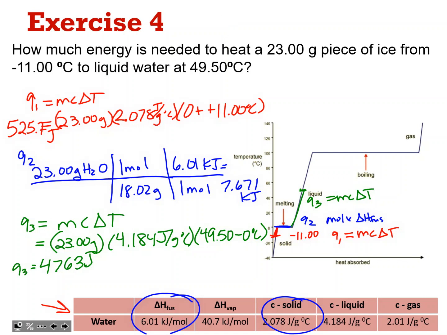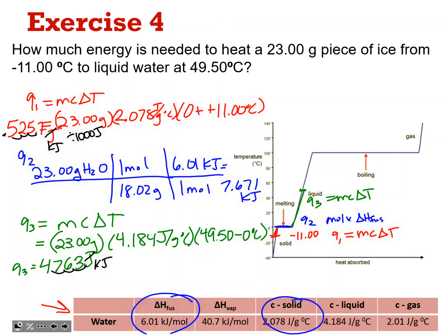Now, I think it's easier just to convert the others to kilojoules so the number's not too outrageously large. In order to do that, what do you need to do? Divide by 1,000 joules, move it over 1, 2, 3, and then it becomes kilojoules.